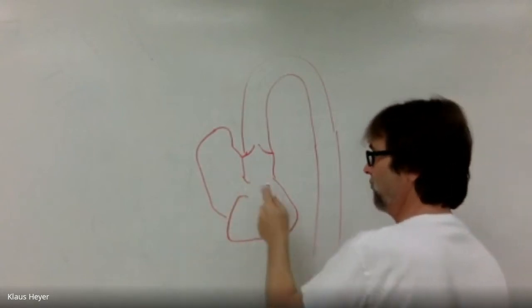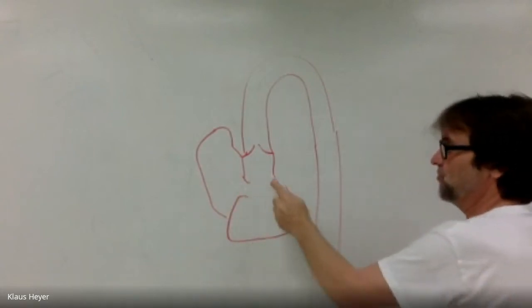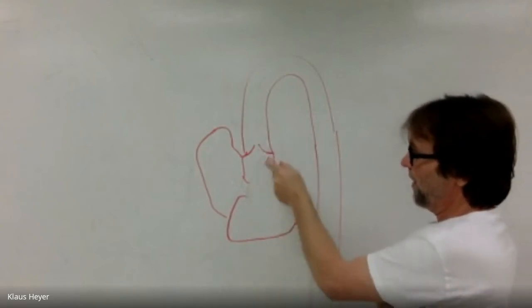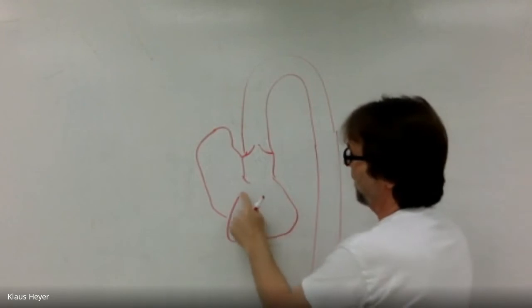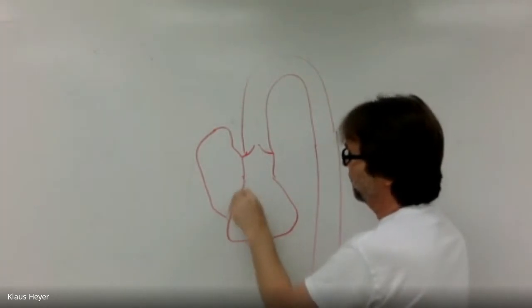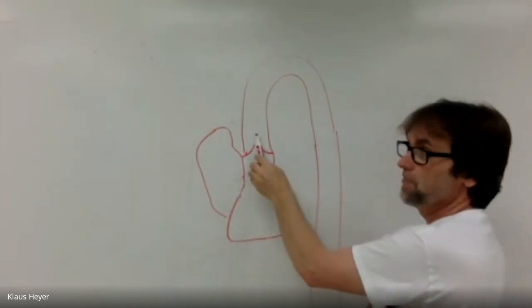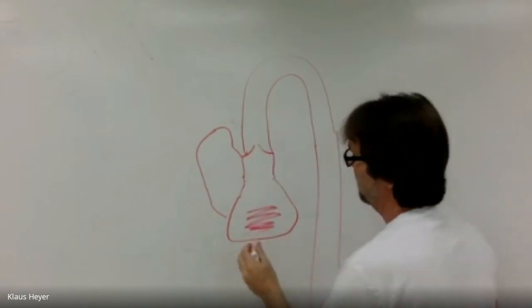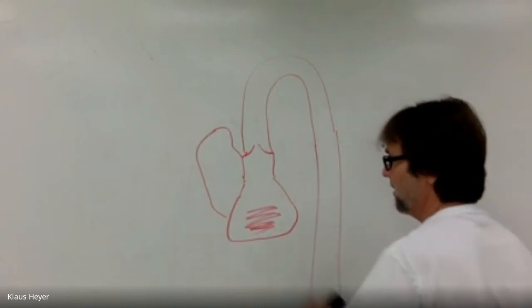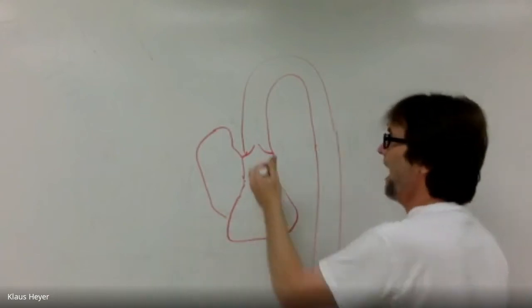Now the blood's in the ventricle, and it's got two doors. There's two ways out. Well, this isn't a way out, right? So this AV valve is going to shut closed, and the blood's going to go this way. The ventricle contracts, and now the blood's been pushed out of the heart.